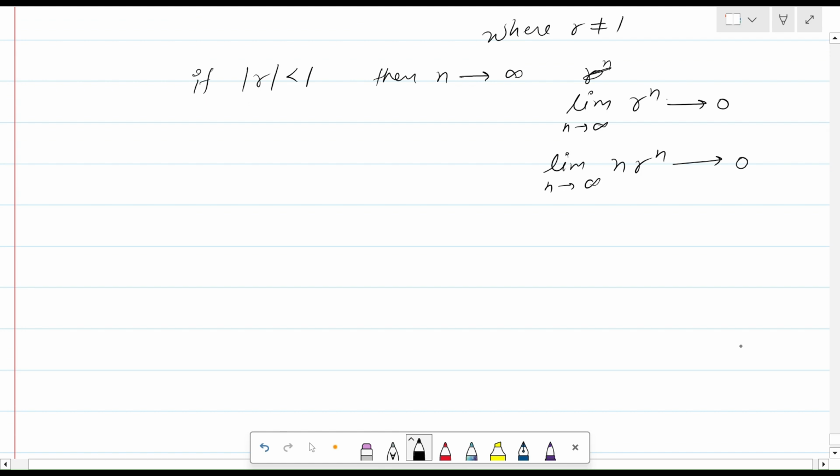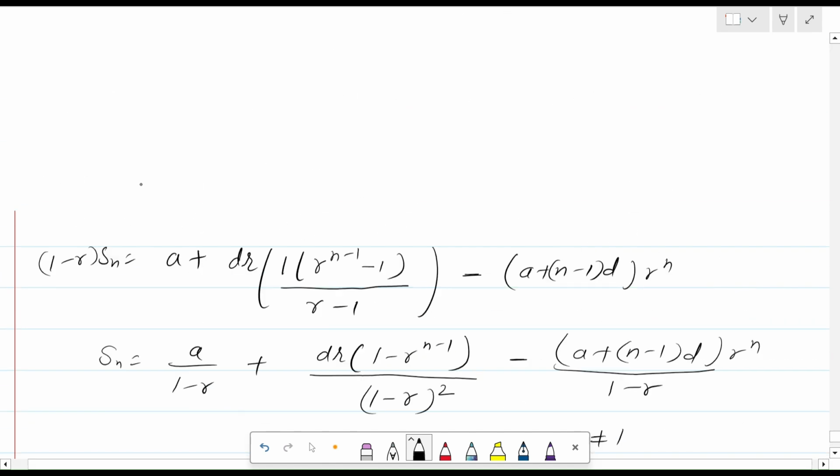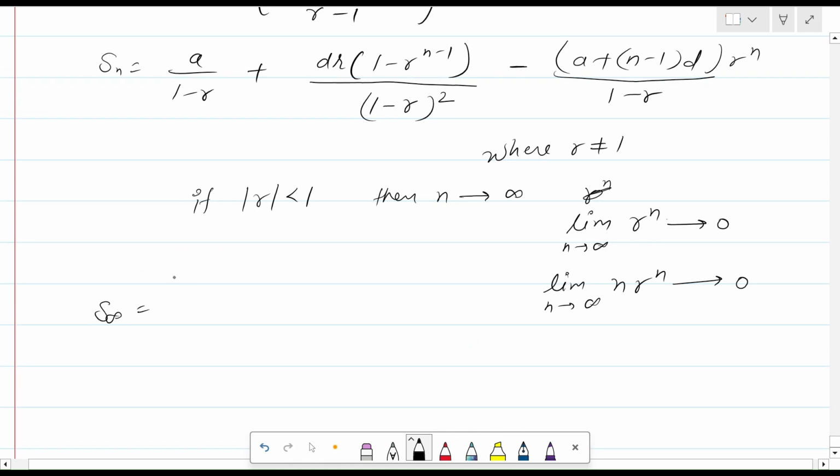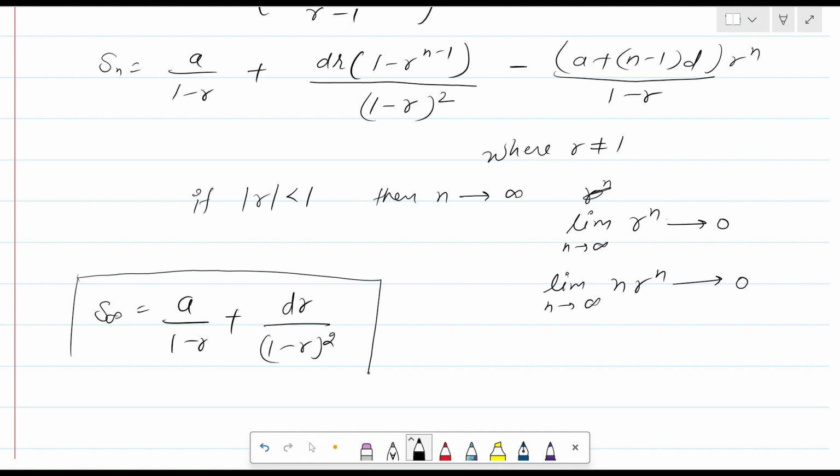So now S infinity will be a upon 1 minus r plus dr upon 1 minus r whole square, minus this term into r raised to the power n. If r raised to n tends to 0, then this whole term tends to 0. So this is the formula if mod r is less than 1 and n tends to infinity.